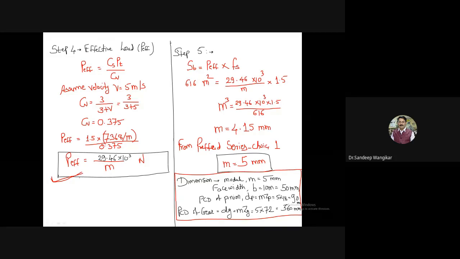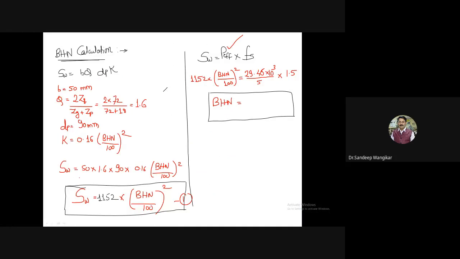See, otherwise what we have to go for? I will take this P effective as 29.46 into 10 raised to 3 divided by module. We have not gone for the check for design, but by substituting the module value, we can check whether the dimensions are right. So we are not going for that. Directly using the P effective value, we are checking. So what is your approximate value? 276, 277.